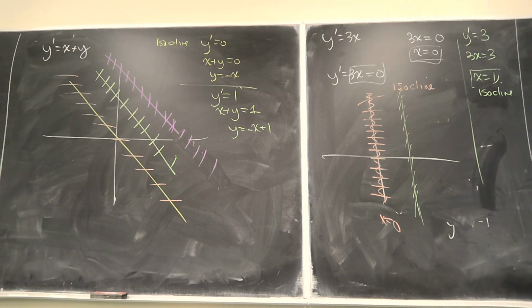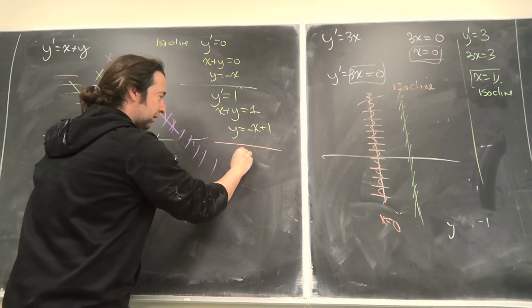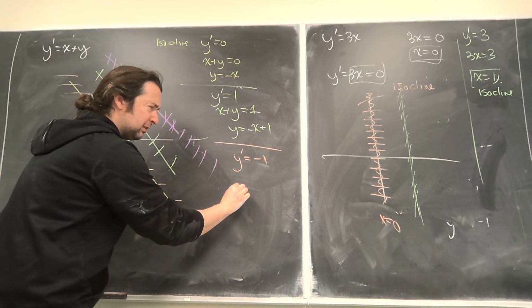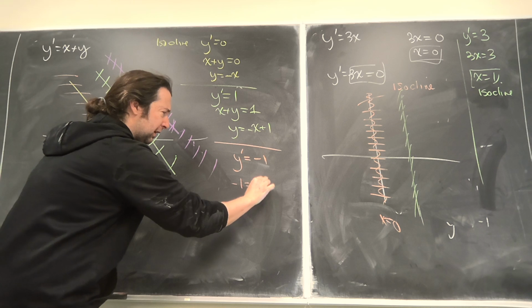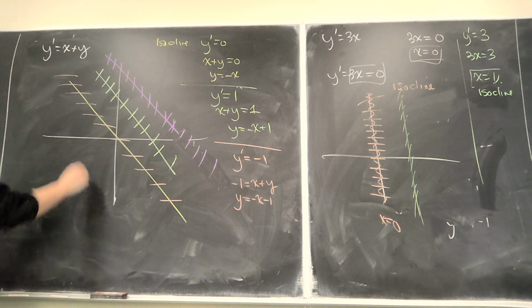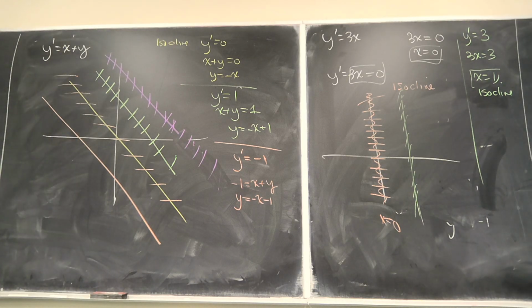On the other side, you got this weird one. Y prime is equal to -1. That'll be the same as -1 is equal to x plus y, which is y is equal to -x minus 1. The weird thing here is that the line is parallel to the flow of the vector of these slopes.